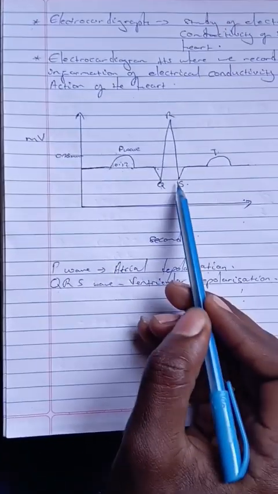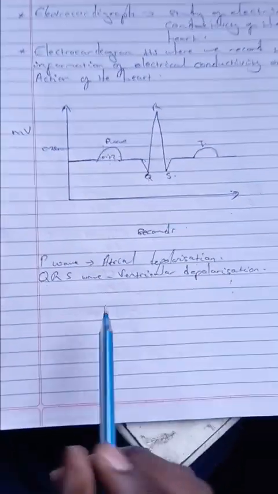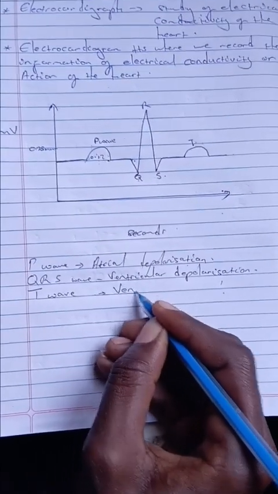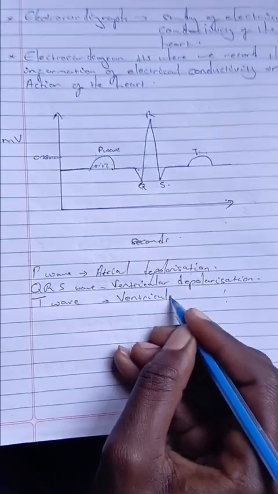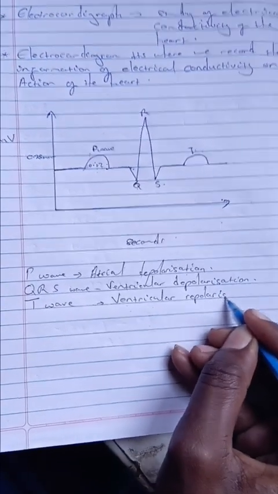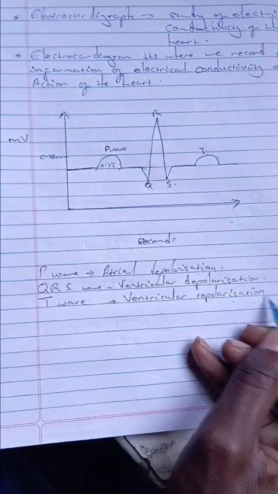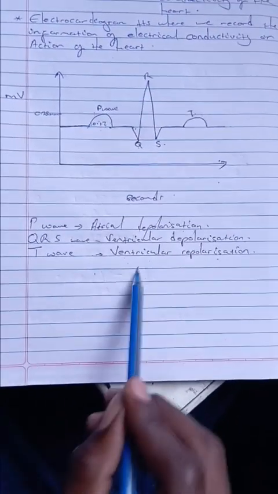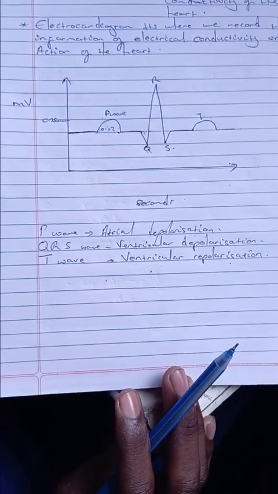Okay, then from here S and going to T, what will happen for the T wave? There is ventricular repolarization. The heart is now propelling back to its normal.